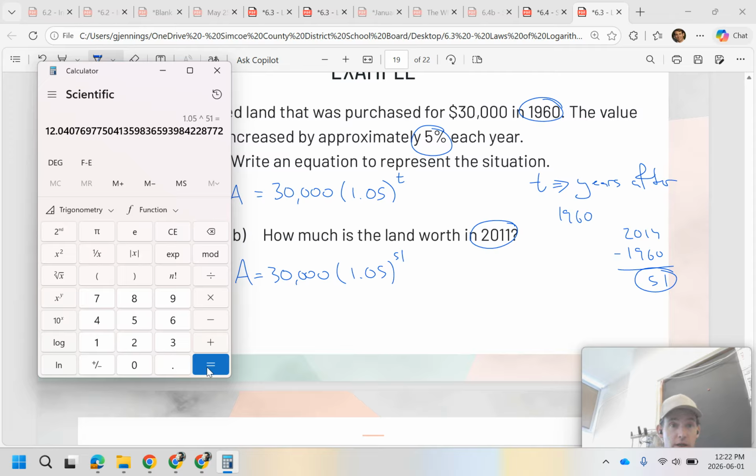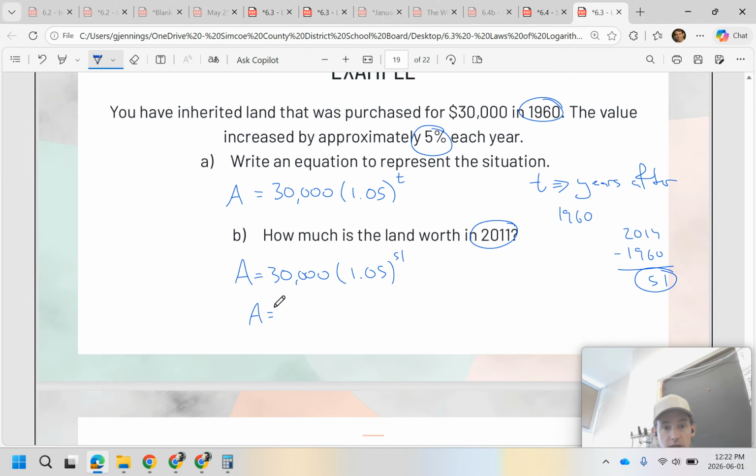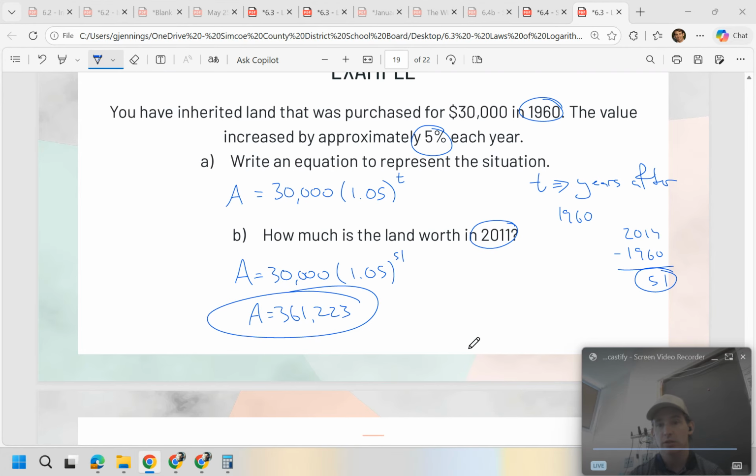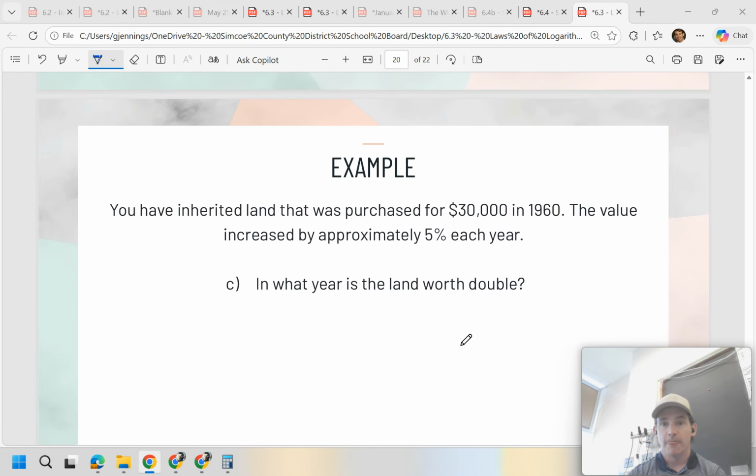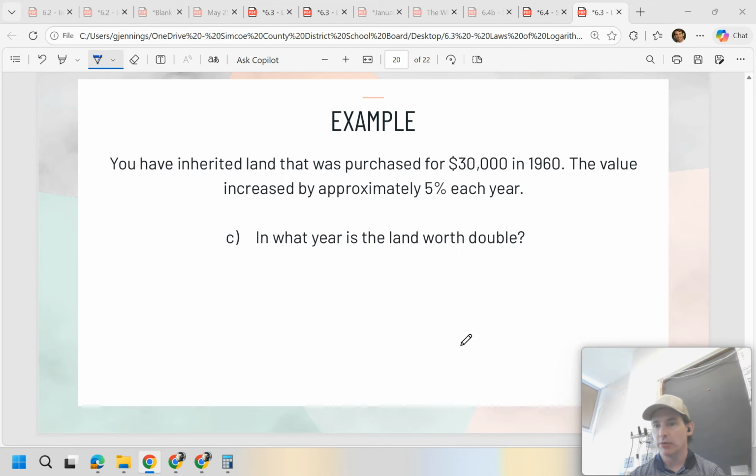I want to learn. And then multiply that by 30,000. There, 361,223. Therefore, the land was worth $361,000 in 2011.